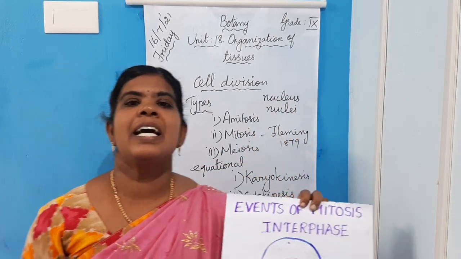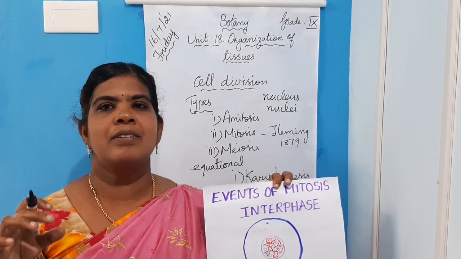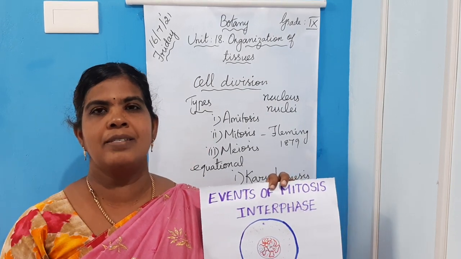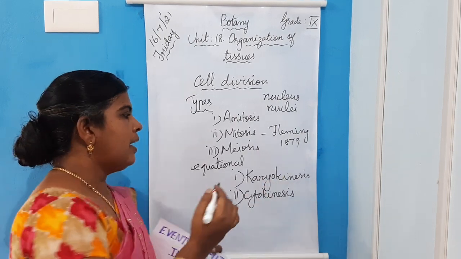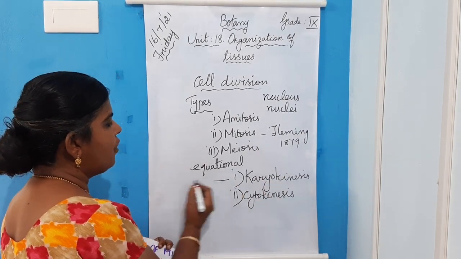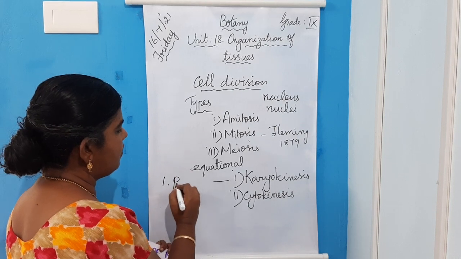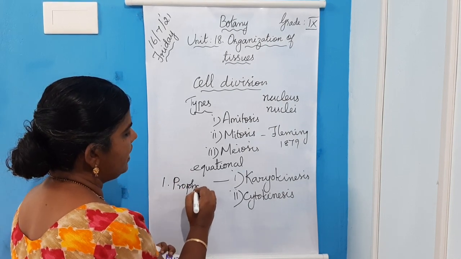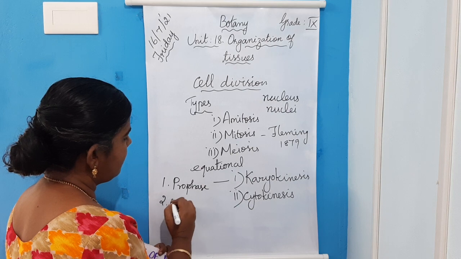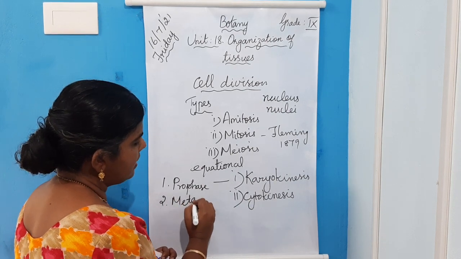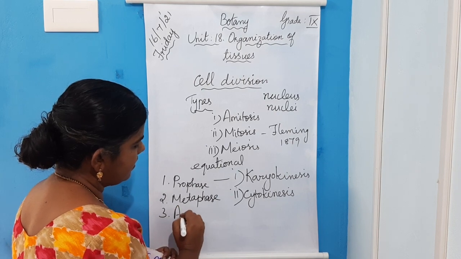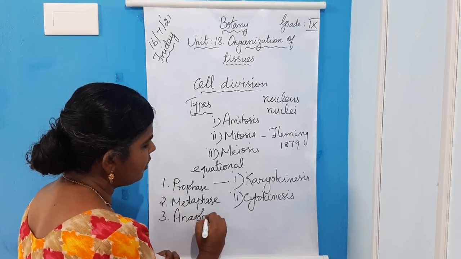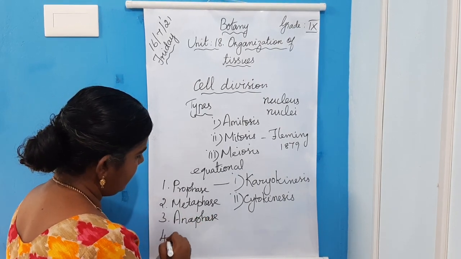Now, karyokinesis is the division of the nucleus into two daughter nuclei. This karyokinesis consists of four phases. One is prophase, second is metaphase, third is anaphase, and fourth is telophase.